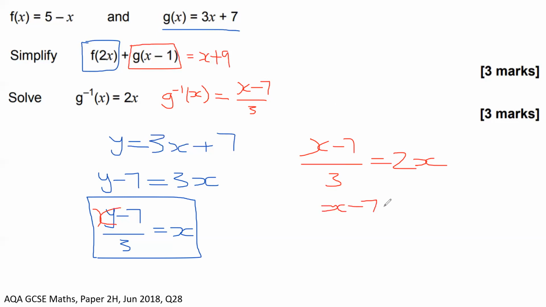So we'll get x minus 7 equals 6x. We can then subtract x from both sides, and that will give us minus 7 equals 5x. And then finally, we'll divide both sides by 5. We'll get minus 7 over 5 equals x. And this is our final answer for part 2.